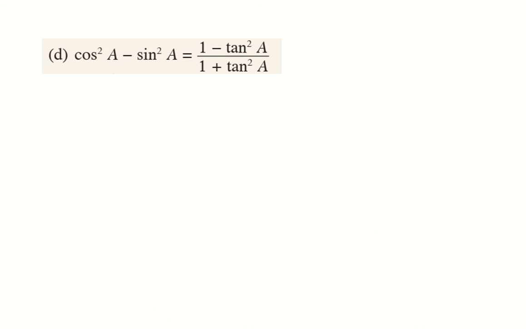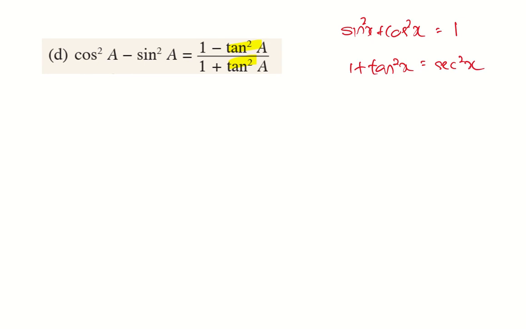Next, we have cos square minus sine square. On your right hand side, we have tangent square. So let's try sine square x plus cos square x equals to 1, and then 1 plus tangent square x is secant square x. Yeah, that's all we have.